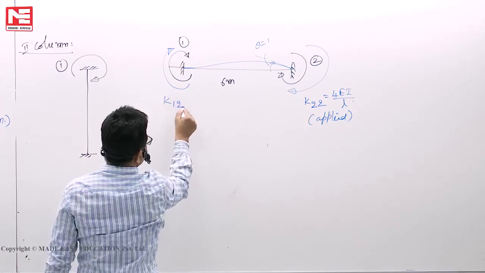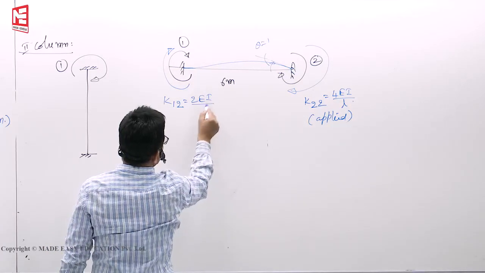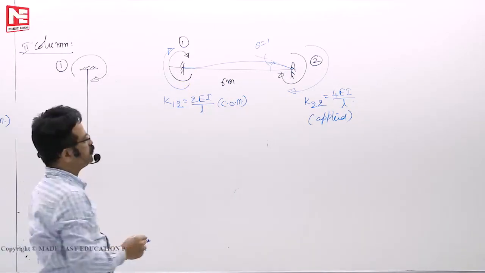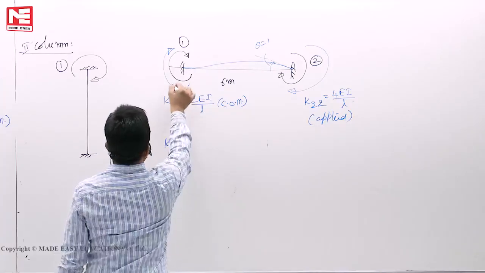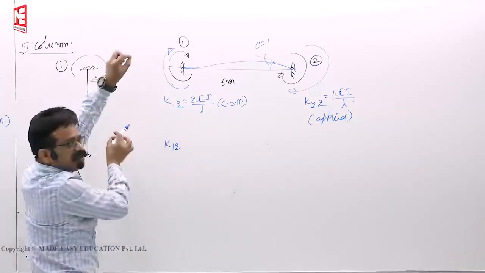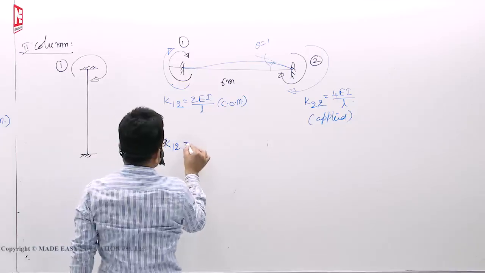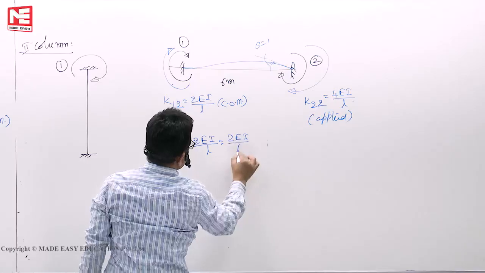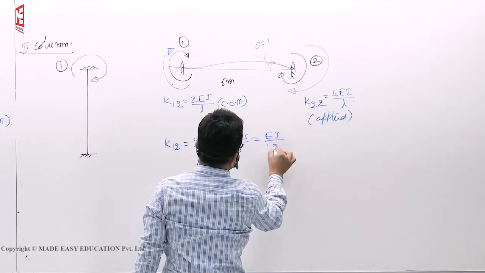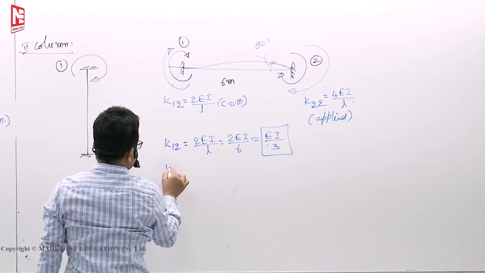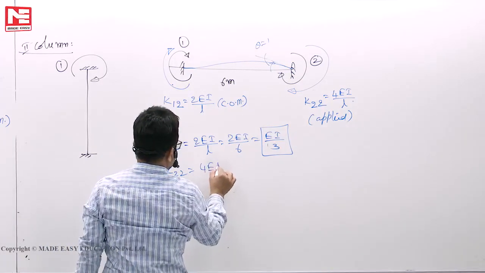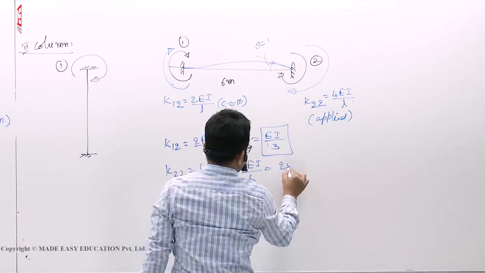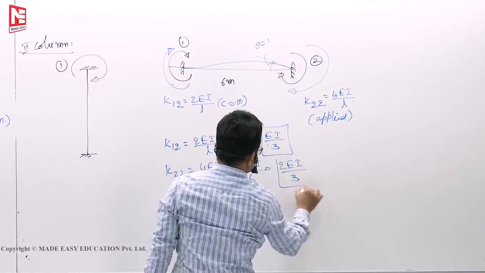Force at 1 because of 2 is 2 EI by L. This is in the form of a carryover moment, K12 will develop. But from here to here, in air, it will not jump and try to rotate, so we have to leave it at that. So 2 EI by L, nothing but 2 EI by 6, is EI by 3. Then K22, 4 EI by L means 4 EI by 6, that means 2 EI by 3.